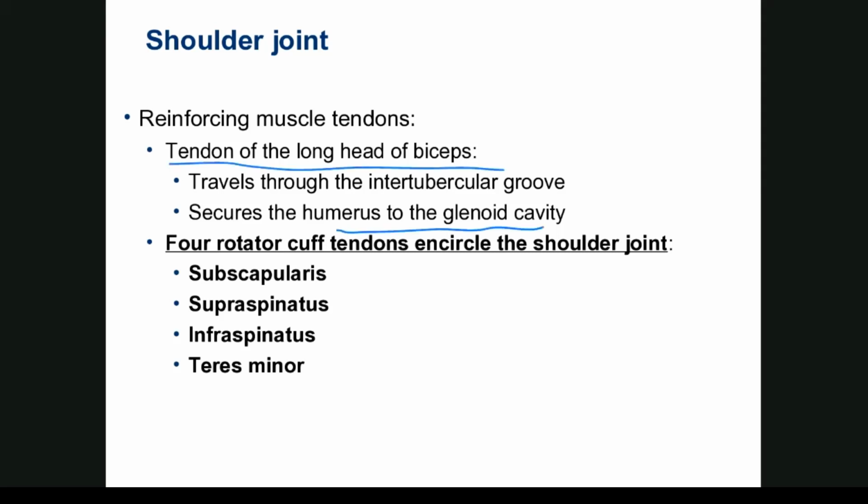And then we have encircling the shoulder joint, the rotator cuff tendons, subscapularis, supraspinatus, infraspinatus, and teres minor. And when you hear people having rotator cuff surgery, they've had an injury that's damaged or stretched either the muscles or the tendons and have to be surgically fixed in many cases.